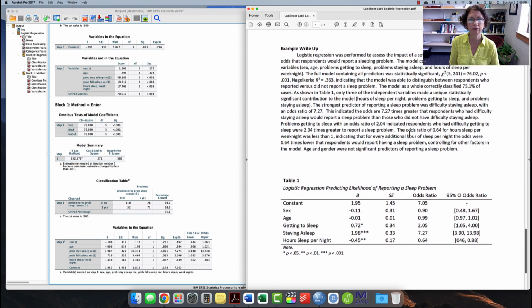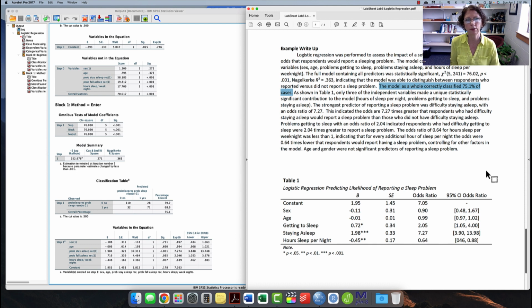The last thing you have on this is your example write-up, where you let the reader know what type of regression you ran, what the analysis was, what variables were involved, and what the test statistics were. You also can indicate what kind of impact or effectiveness this model shows. Like, yes, we know it's significant with the effect size of Nagelkerke, but you also let the reader know how good this model is.